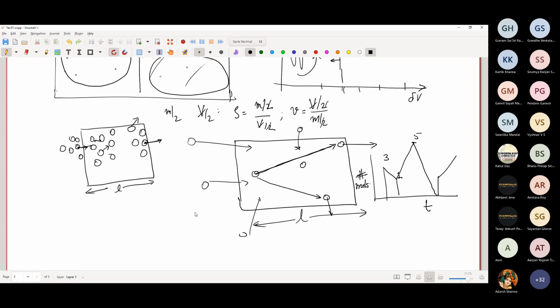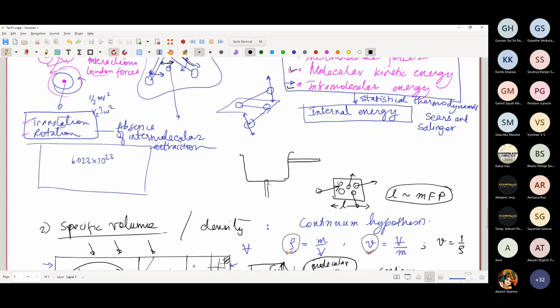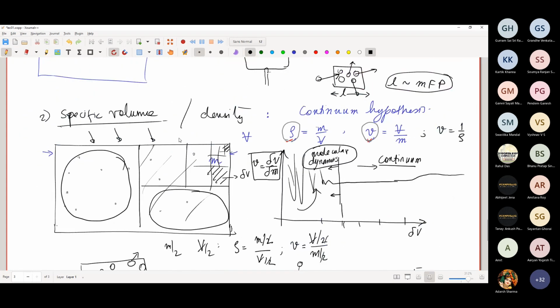All right, so let's proceed. It's a very important property, specific volume. You will see time and again we will make heavy use of these properties in problem solving. I cannot emphasize how important this is. At this juncture, you just need to know it is the total volume divided by the mass.